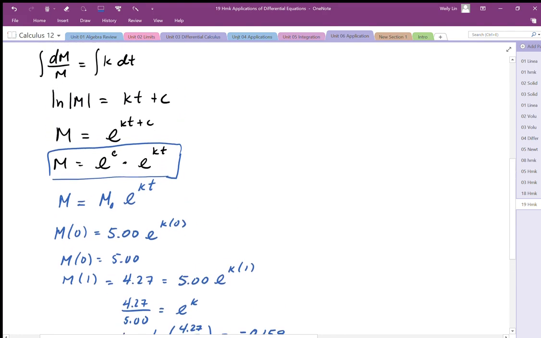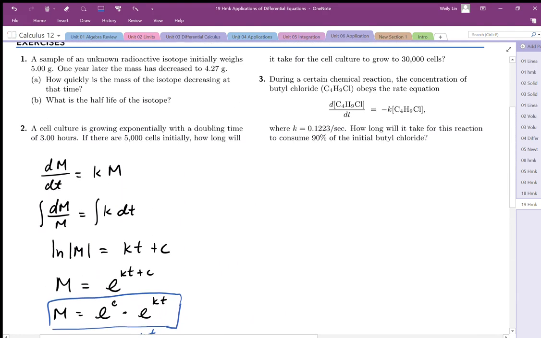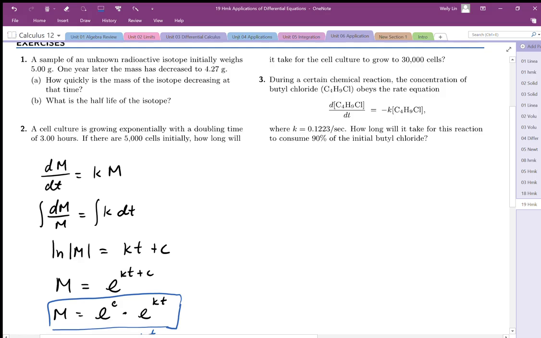So we can go back to the question here, and it says, how quickly is the mass of the isotope decreasing at that time? So we want to know the rate of change.